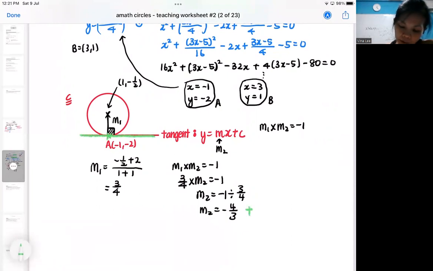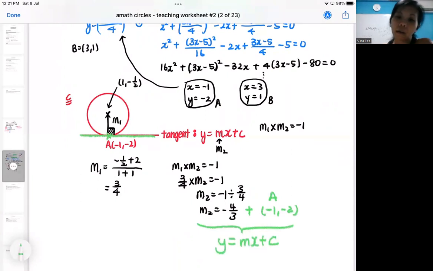So this gradient plus this coordinate should give me mx plus c. So isn't that like your normal A Math coordinate geometry? If you've gotten a gradient, if you've gotten a point, then you should be able to do mx plus c easily.